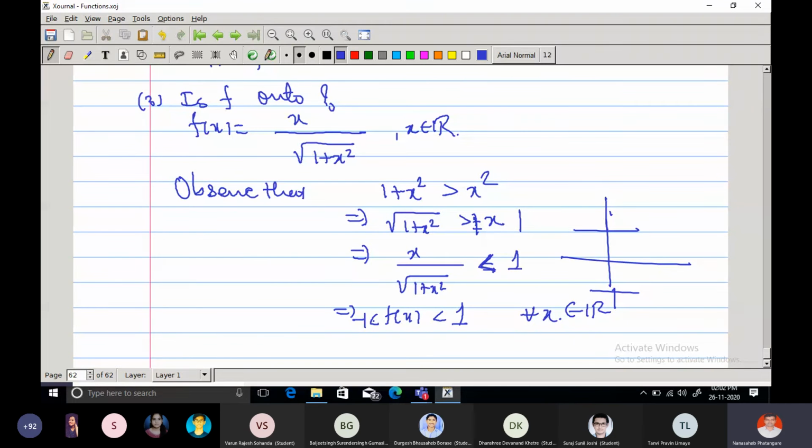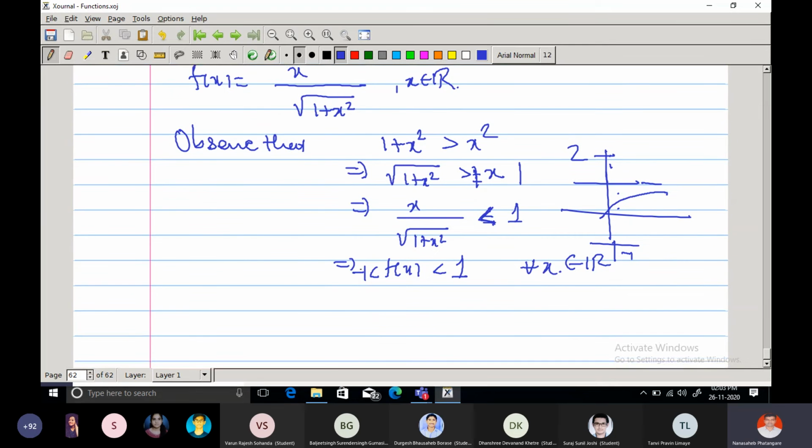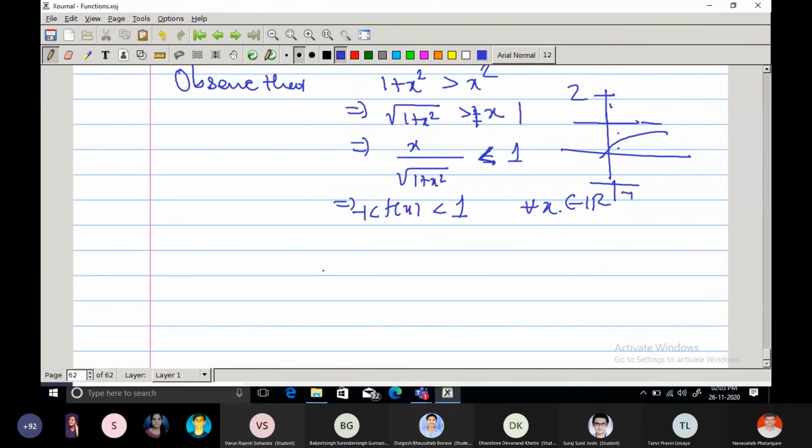That means, for example, if you take y equal to 2 in codomain, this y would not have a preimage. Therefore, f is not onto, because every value is less than 1, and for a number y greater than 1, it cannot have a preimage. That is just a simple observation.